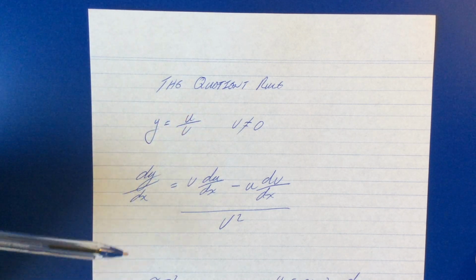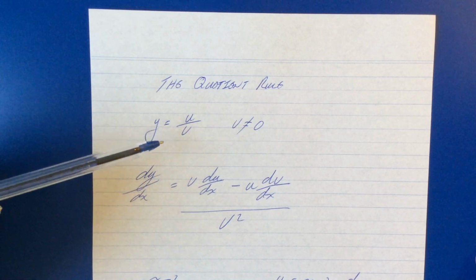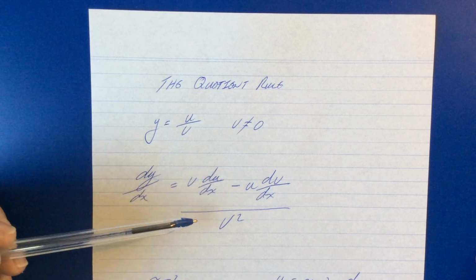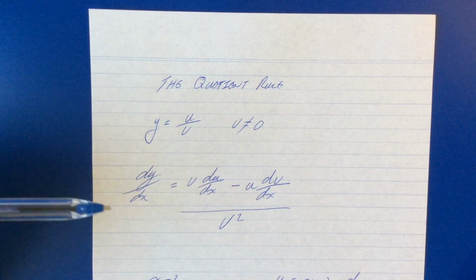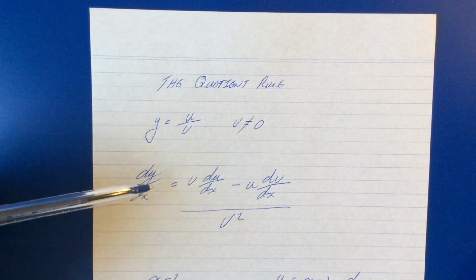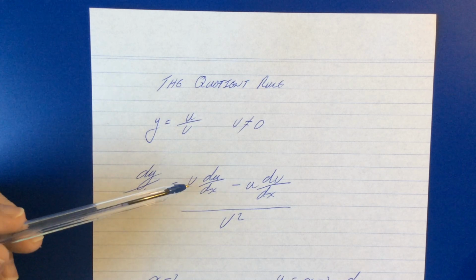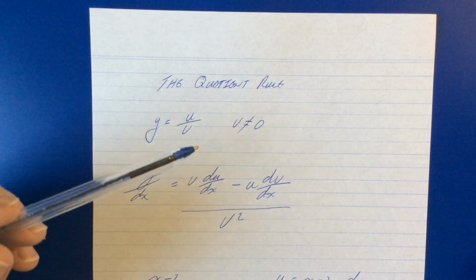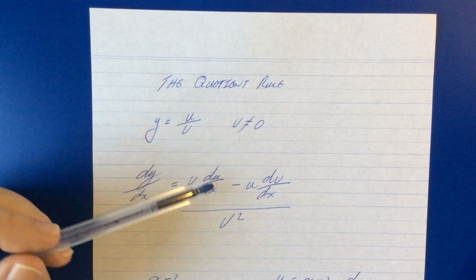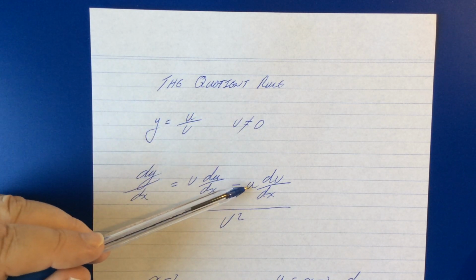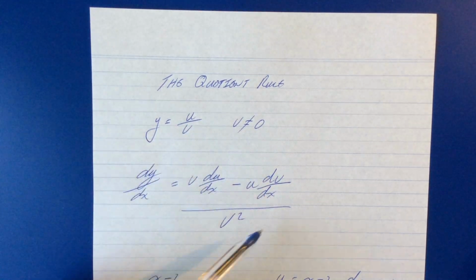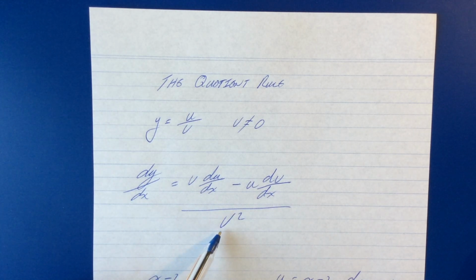Those of you who've only seen the chain rule, it's an innovation, but you will be familiar with du dx and with the idea of u. Anyway, the quotient rule says that the derivative is equal to v, the denominator here, times the derivative of the numerator minus the numerator times the derivative of the denominator, all over the denominator squared.